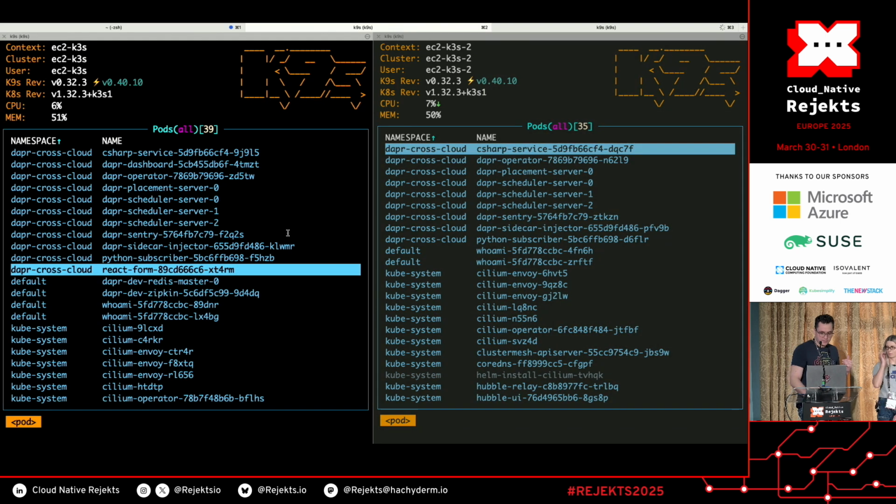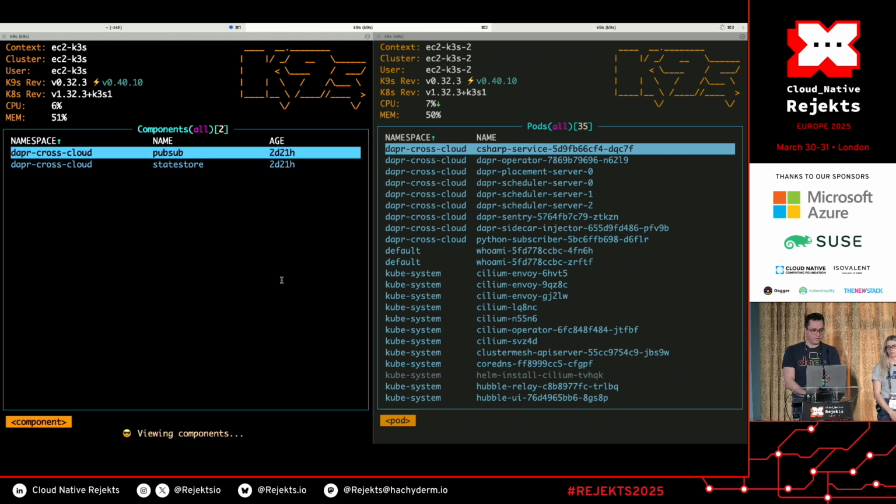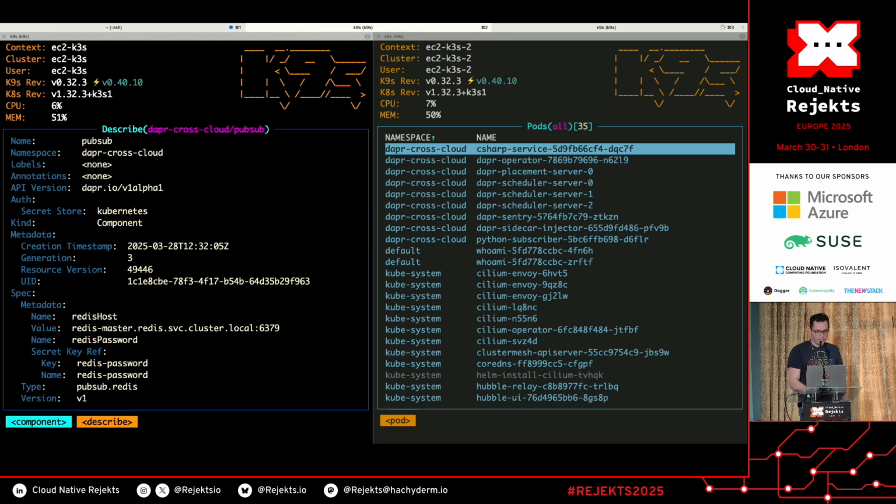If we look at what Alice said, there are the components in Dapr, which control where data is persisted or where things are loaded. Here's PubSub and state store. If we look into one of those components in detail, we see that it's looking up a local resource.